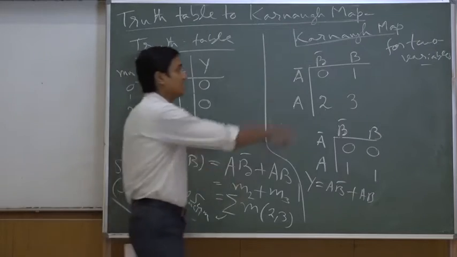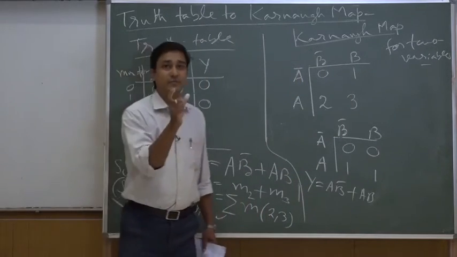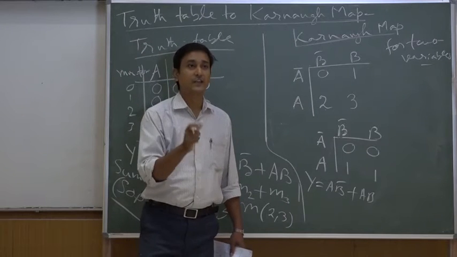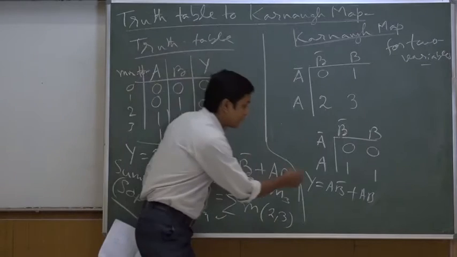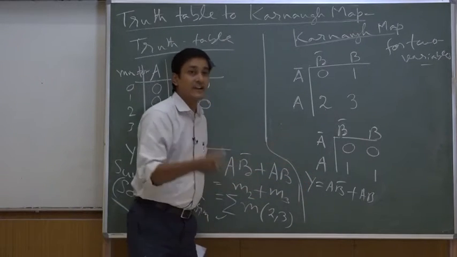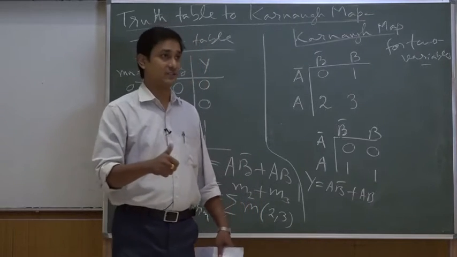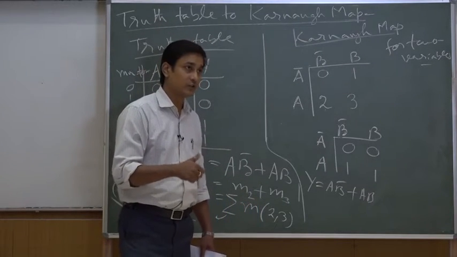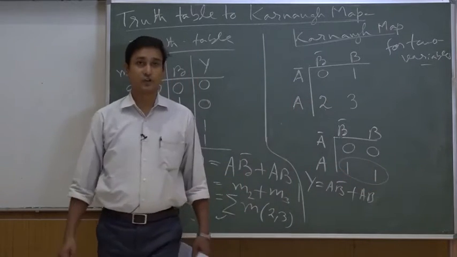But the Karnaugh map has the advantage that you can group terms together, so that you can minimize the number of terms in y, or in other words, the number of gates required will be minimized. So, let me consider these two together as a group.